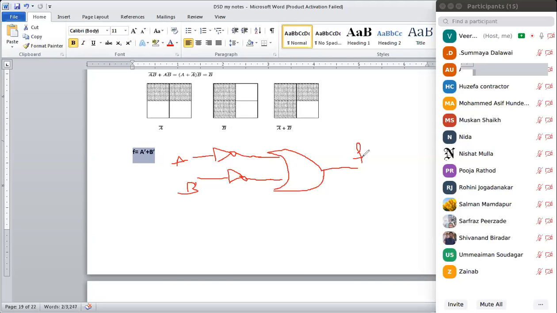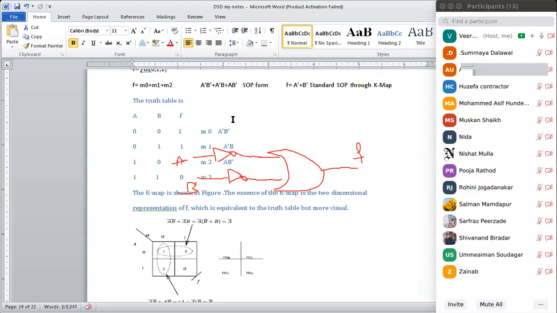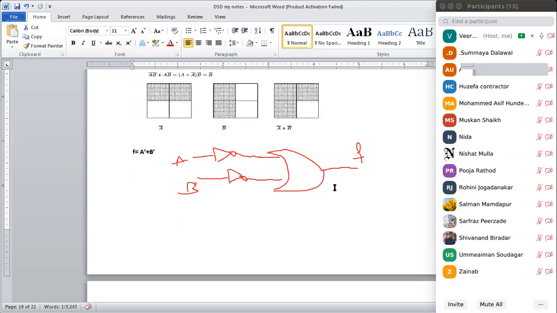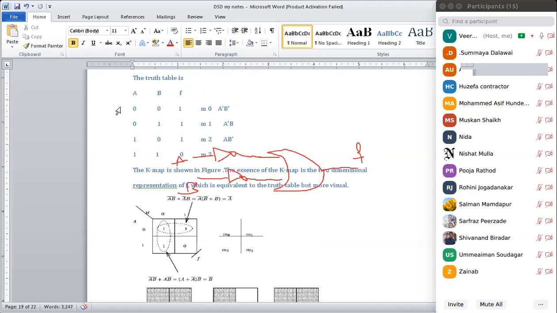This is F. So this complete truth table, instead of going for the general equation of SOP, we have solved in very easy steps by using a K-map, and we have got A bar plus B bar, and we have implemented this function by using logic gates. That is so simple, and it is simple as we have gone for only two variables.